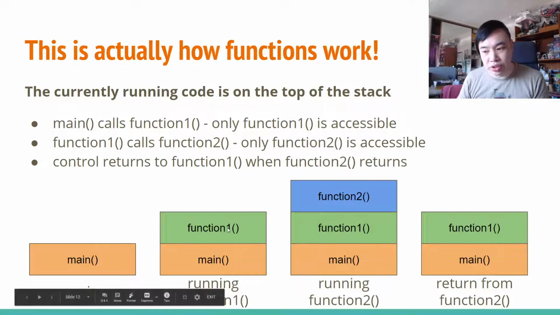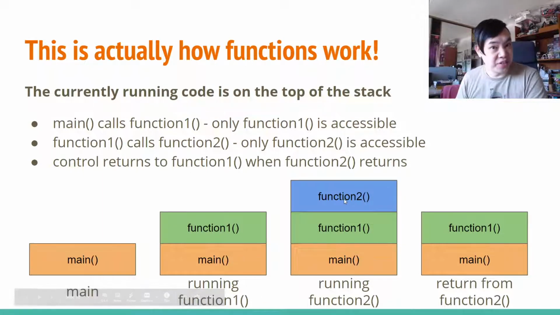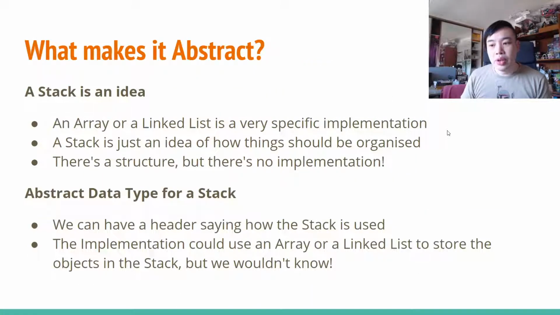Or like these functions, the only function that can be run is the one that was called most recently and hasn't finished yet. So it's abstract because it's an idea of how things could work. It does have a structure, but it doesn't have any actual nuts and bolts code implementation that's making it work.